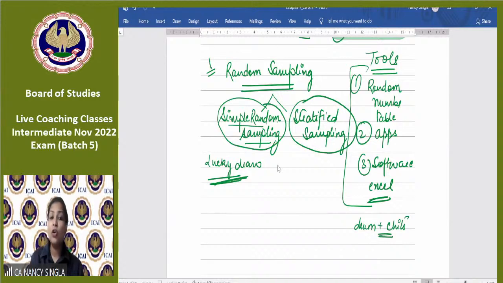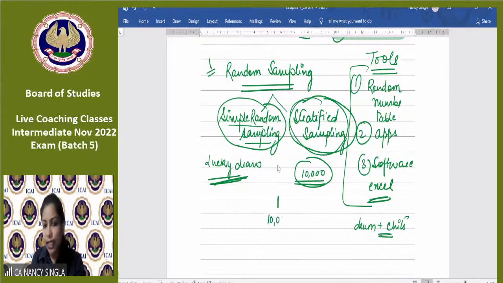Now, stratified sampling. I have explained it to you in detail, haven't I? Out of 10,000, in simple random sampling I'll be mentioning that from 1 to 10,000, give me a sample of 100. Clear?